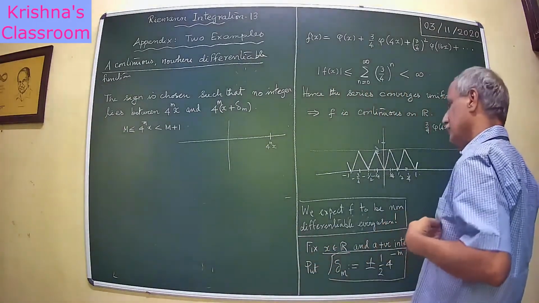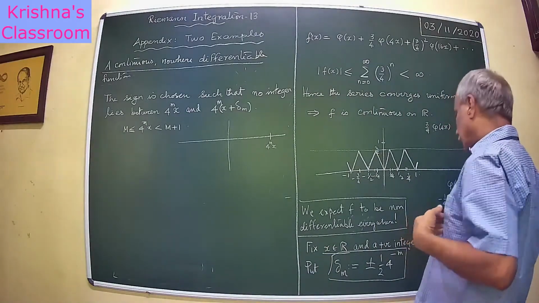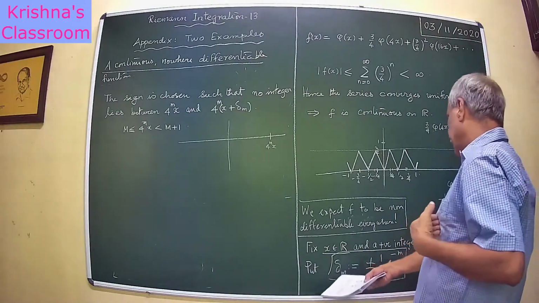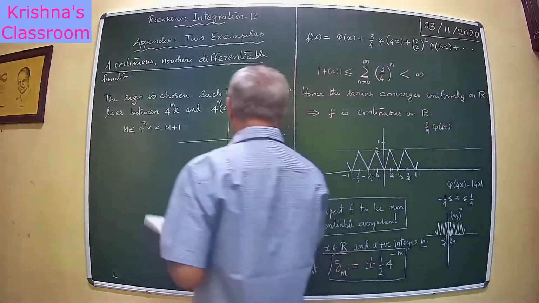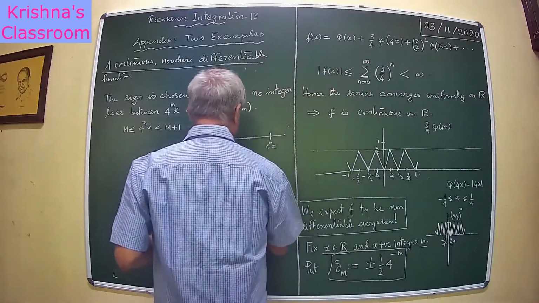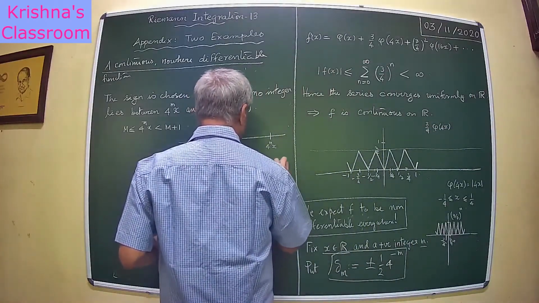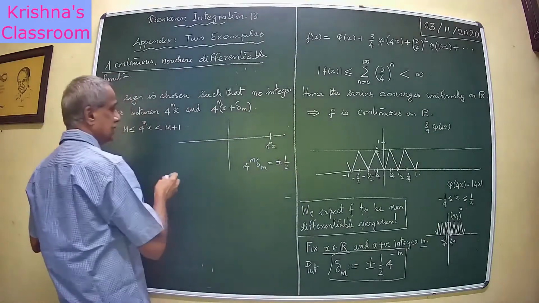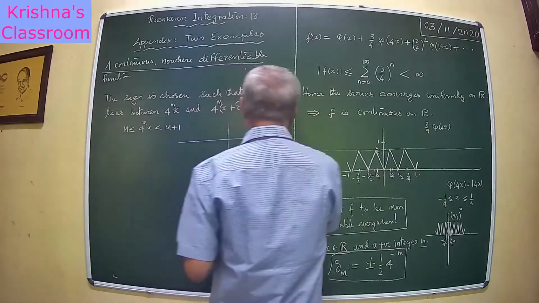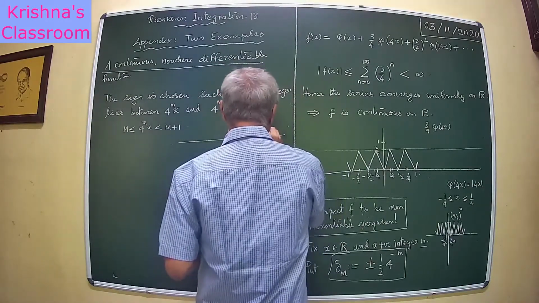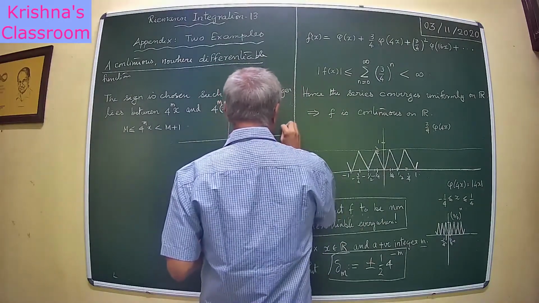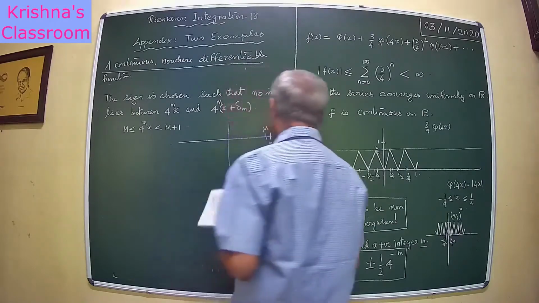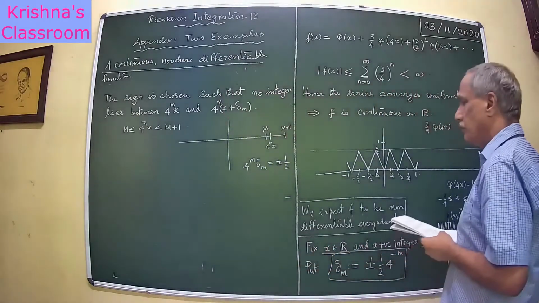So now what about 4 to the power m delta m? Therefore you see this is placed somewhere here, with m here and m plus 1 like this.